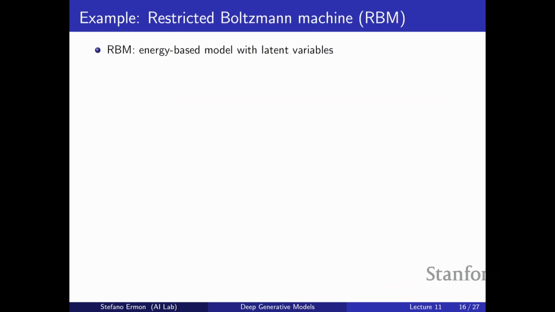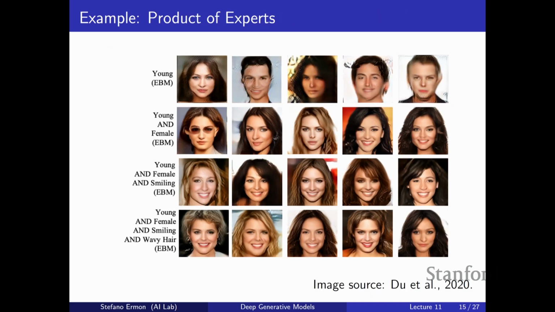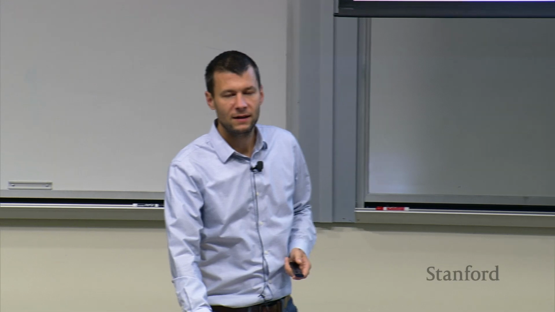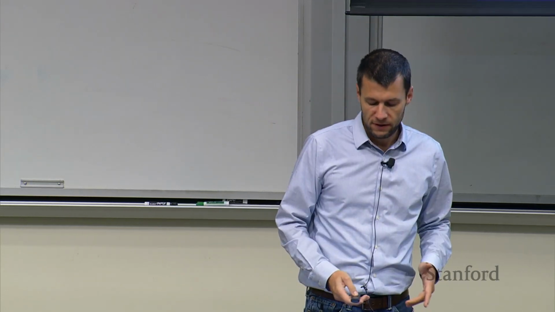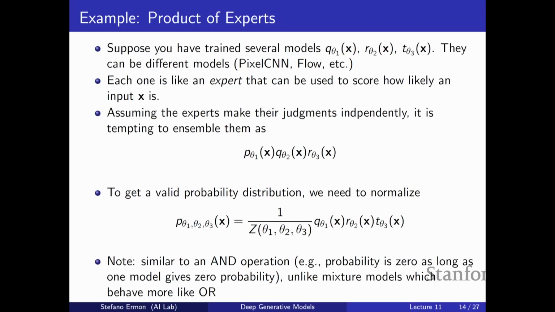What's the difference between product and mixture? With the product, as long as one of them assigns 0 probability, the whole product evaluates to 0, and so the ensemble model, the product of experts, will also assign 0 probability.